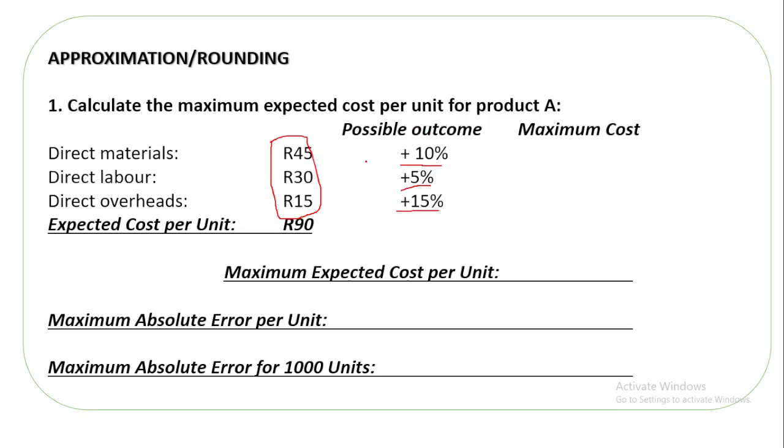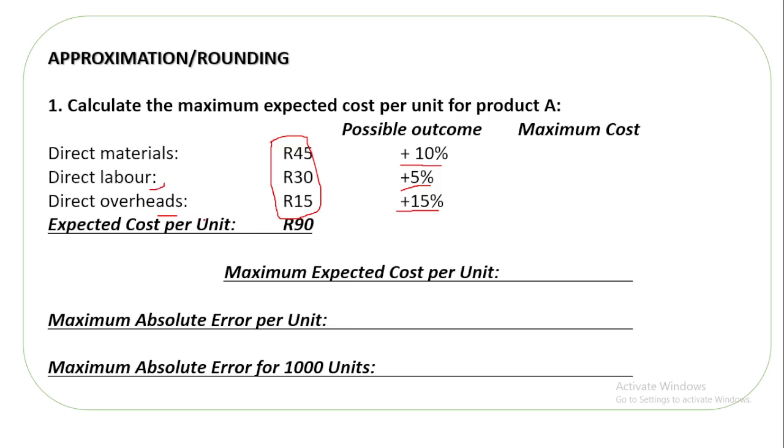So you need to calculate the new cost per direct material that will be required for producing the product, the direct labor, which is the cost that we actually pay our employees to produce that product, and then the overhead cost that we actually incur is 15 rand per product, which can also include the electricity usage or the machine usage that we actually get to use to produce the product.